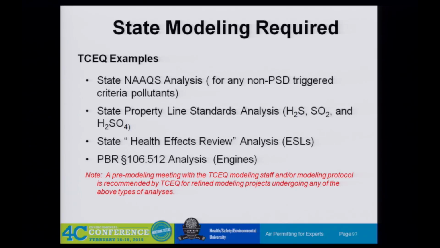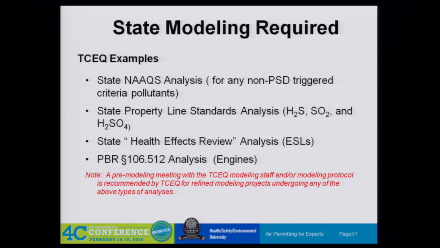But the really big difference is the way that the Texas air quality modeling guidelines are written as to what you model in your state NACs as opposed to your PSD analysis. In a PSD analysis, you're modeling your project increases, and they're determined just the way they are in your applicability determination for that project.